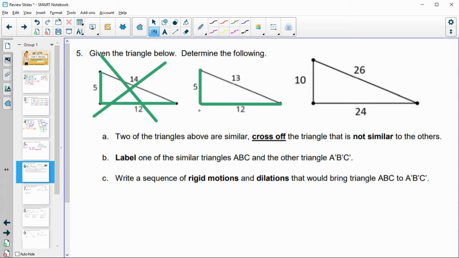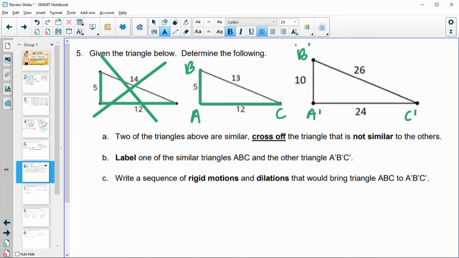Now in part B, it says to label one of the triangles A, B, C. So I'm going to label this first one. Then it says to label the next one A prime, B prime, C prime. Now it asks us to write a sequence of rigid motions and dilations that will bring one to the next.